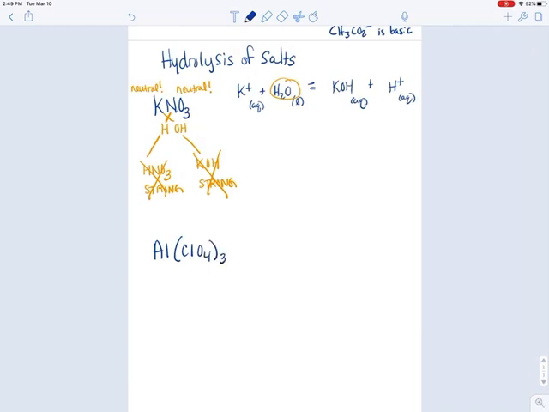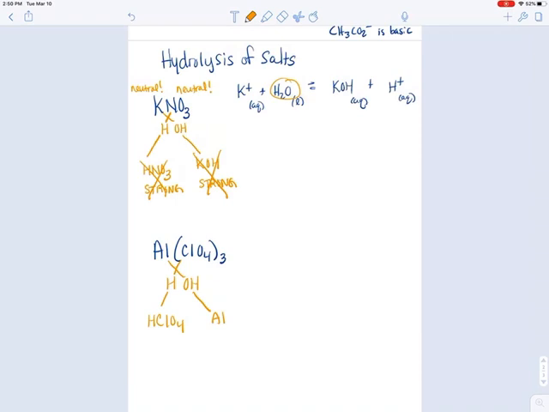Okay, I'm going to use exactly the same method that I used above, our quick shortcut method, showing what products you get upon hydrolysis. Okay, and so we would get HClO4 as one product, and then we would get an aluminum species.